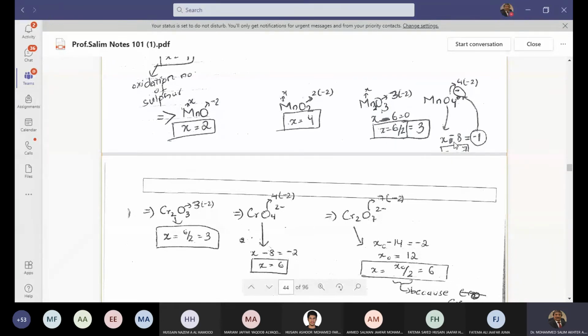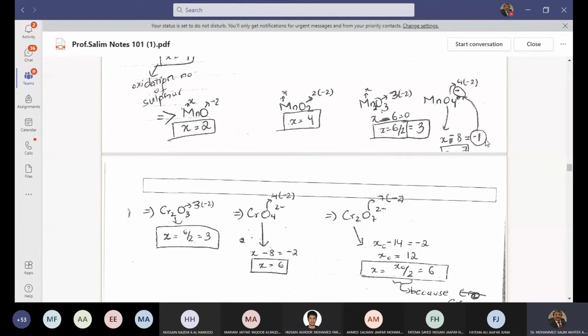Where did I get minus 8 from? 4 multiplied by minus 2. So x minus 8 is equal to, why didn't I write 0? Because it's not neutral.